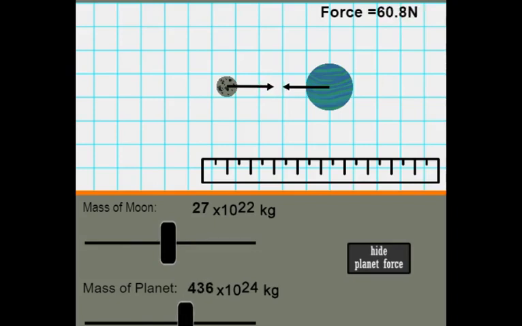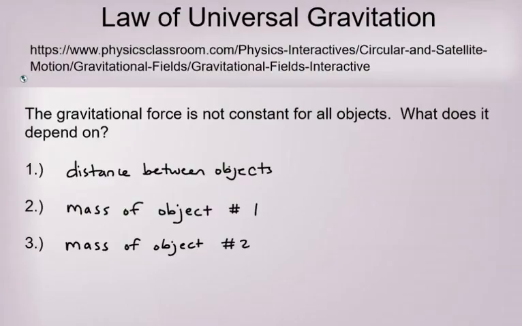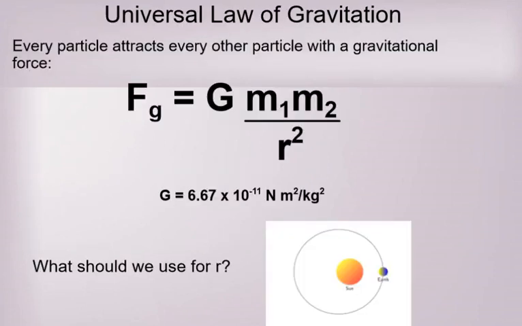Also notice that I can't increase one without increasing the other, which is Newton's third law. So the factors that affect the amount of gravitational force between two objects are the distance between those two objects, which we're going to use the variable r, the mass of one object, and the mass of the second object, so m1 and m2.